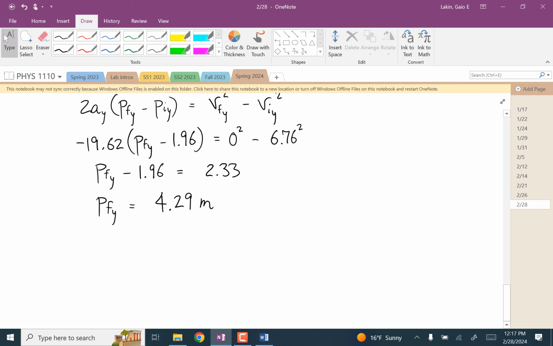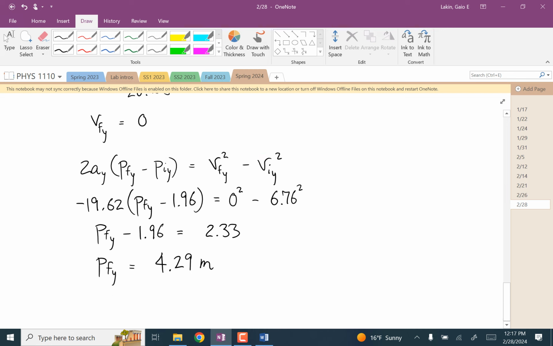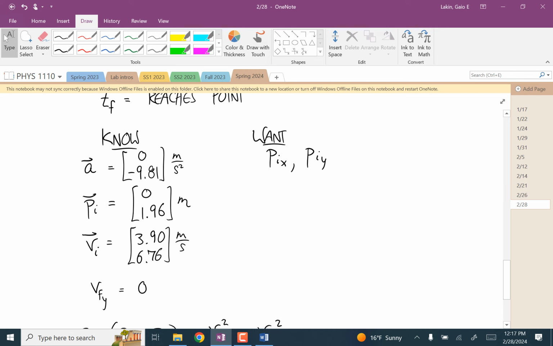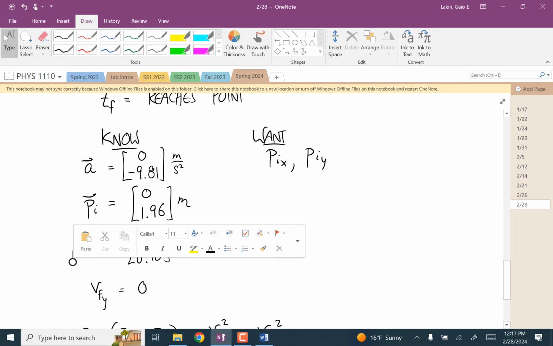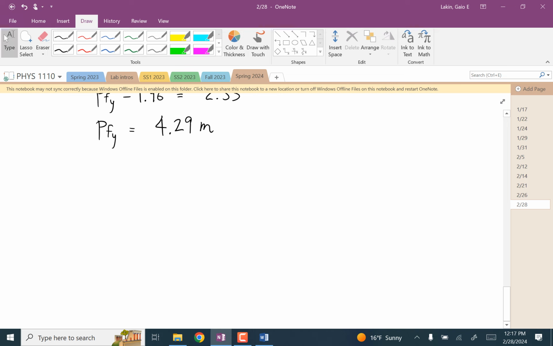Now we need to figure out the x component of the final position. There's no way to do that. No equation works for PFX, so again, we need to start by finding time final.